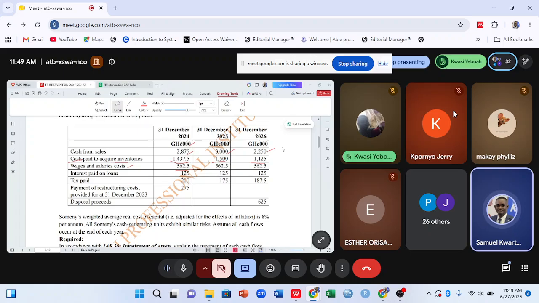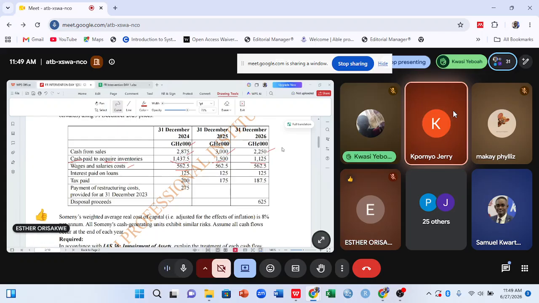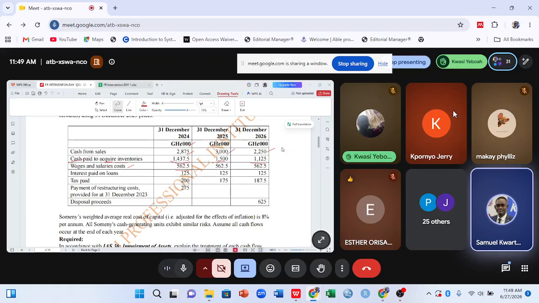If you quite remember, when we were solving questions under impairment, we said you use pre-tax cash flows and pre-tax cost of capital. The cost of capital you use should be before tax.